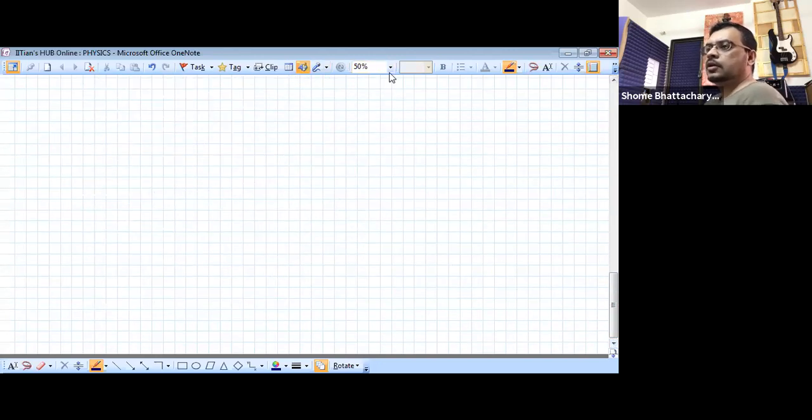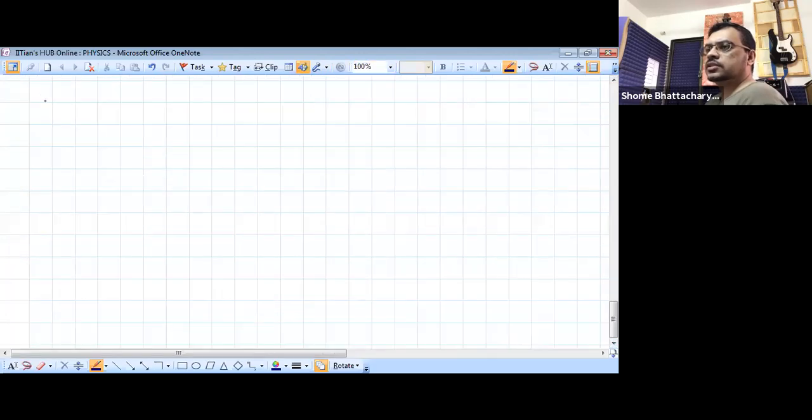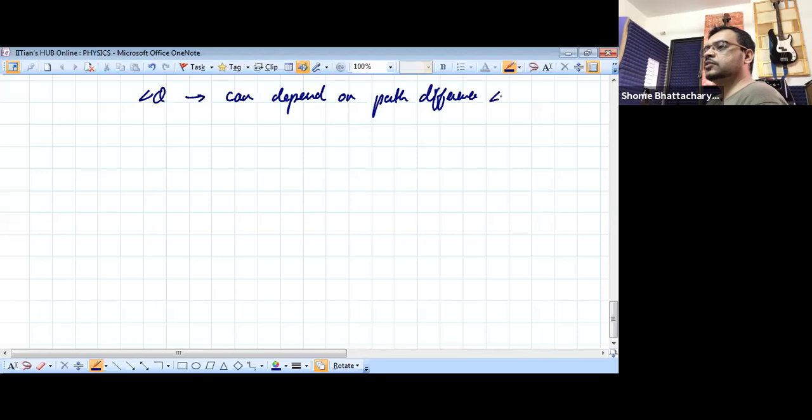Okay. Now moving on, last time we were also seeing that the phase difference delta phi can depend on path difference delta x, so it becomes k into delta x, and it can also depend on time difference.